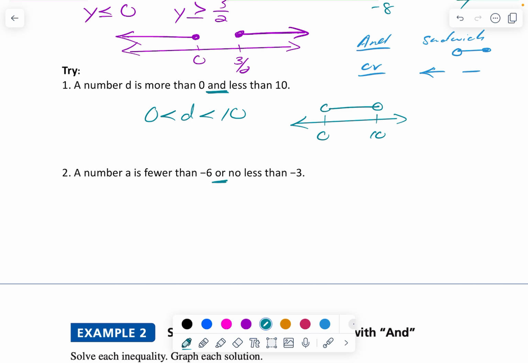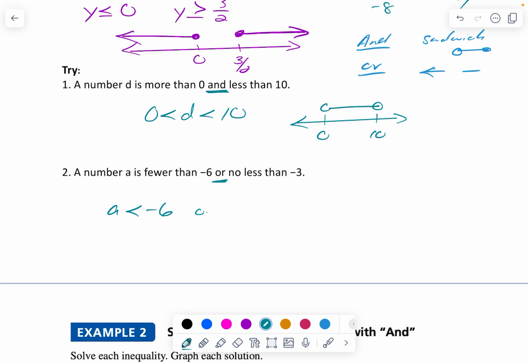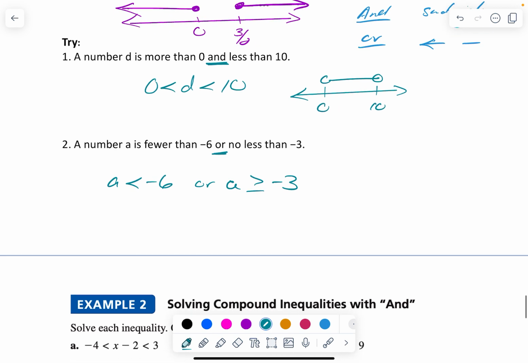Next is an "or." A is fewer than, less than -6, or not less than, so greater than or equal to -3. So when we graph this one, -6, less than, -3, there we go.